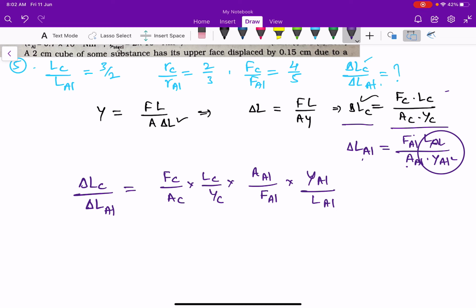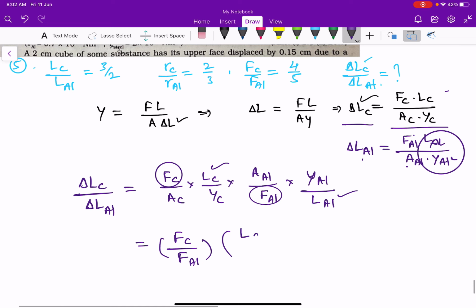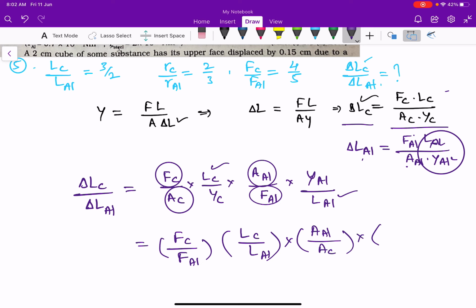So I am arranging the ratios: force ratio, that is FC divided by F of aluminum. Next, LC divided by L of aluminum. Next, area of aluminum to area of copper. Next, Young's modulus of aluminum to Young's modulus of copper.